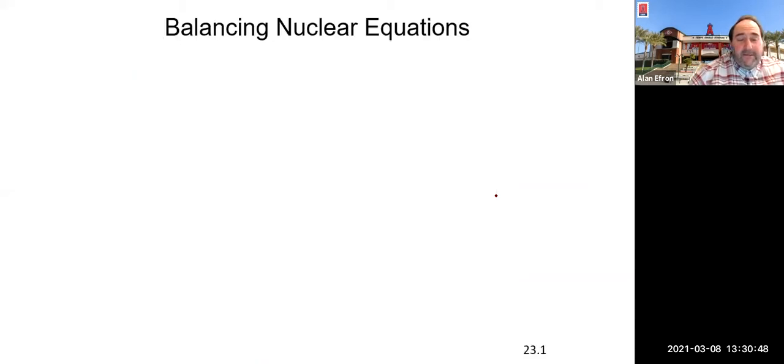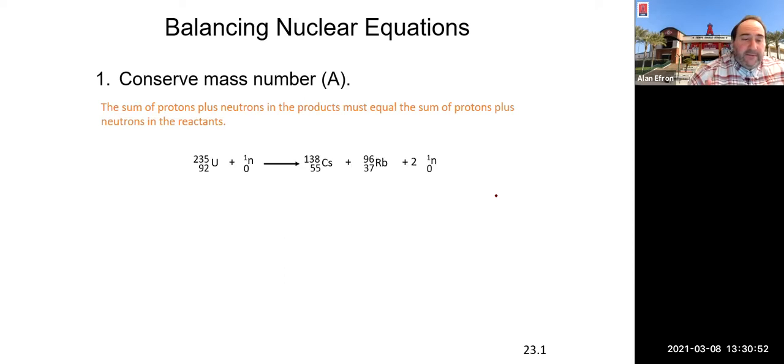Balancing these is a very simple process. When you go to balance a nuclear reaction, you have to make sure that 2 things are correct. The first thing is when you add up all the mass numbers on the left-hand side of the arrow, it needs to equal all the mass numbers on the right-hand side of the arrow.